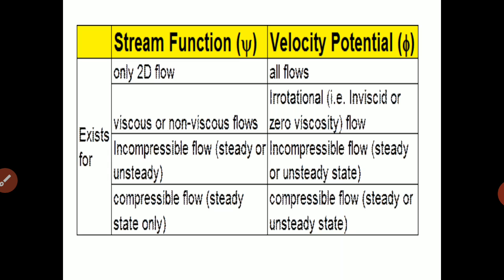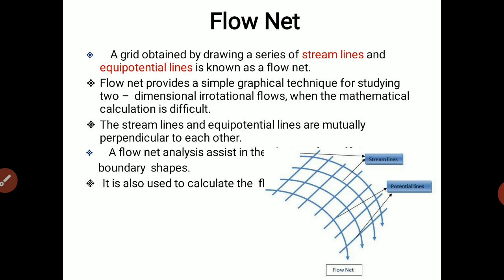Stream function is for incompressible, steady or unsteady flow, and velocity potential is for incompressible, steady and unsteady flow. So this is the basic difference between stream function and potential function.